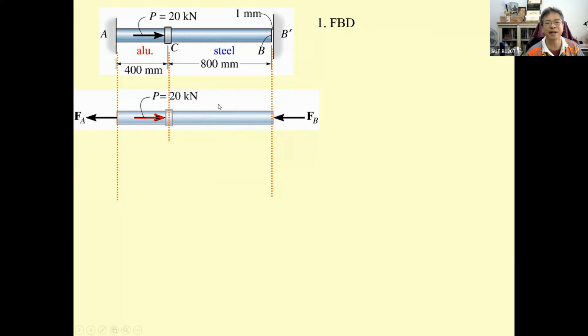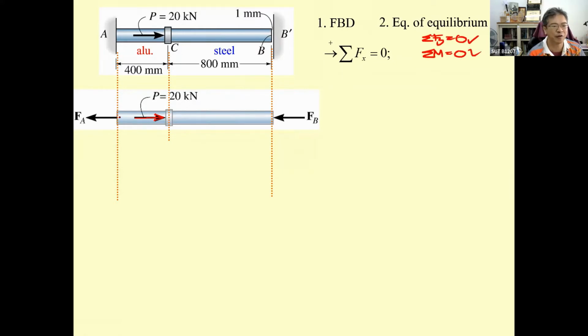Then summation of F sub x equal to 0, and summation of moment equal to 0 is automatically correct, since the forces pass through the centroid C of the section.